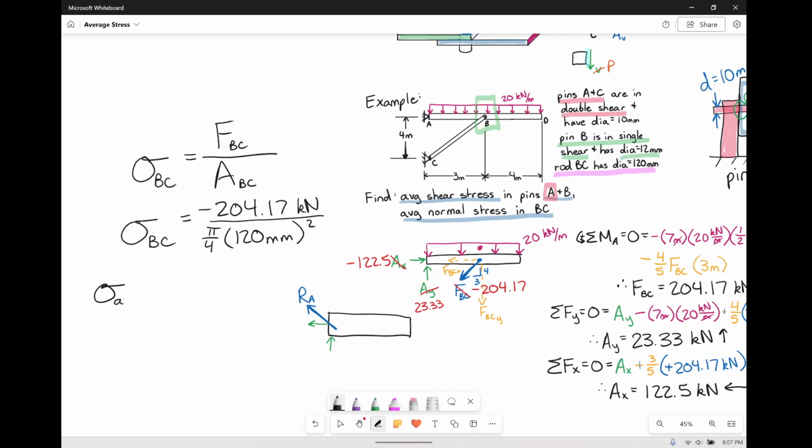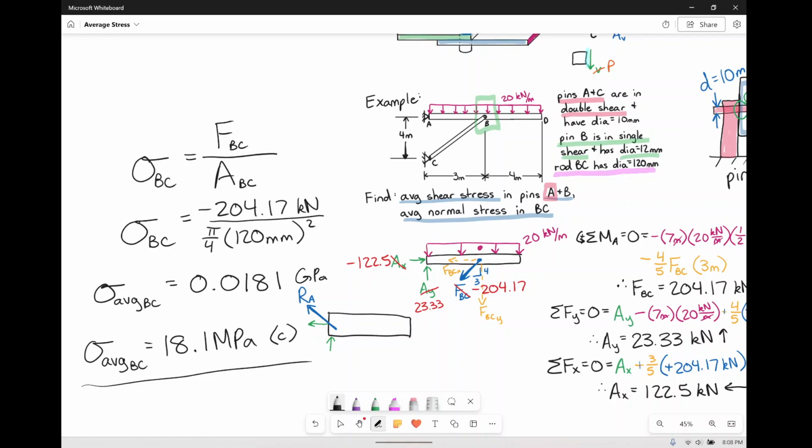So our average normal stress for BC is equal to, it would technically be 0.0181 gigapascals. But that's really weird to talk about, so we're going to say that the average in BC is actually equal to 18.1 megapascals. Now it is negative, which does mean compression. So there we go.